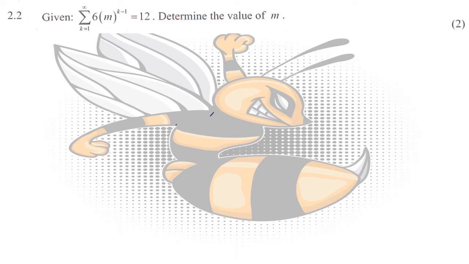Now in this case, you can see that it already represents an a times r to the power of n minus 1 sequence, meaning geometric, and it makes sense because we're adding to infinity. The only series that can add up to infinity are geometric series.